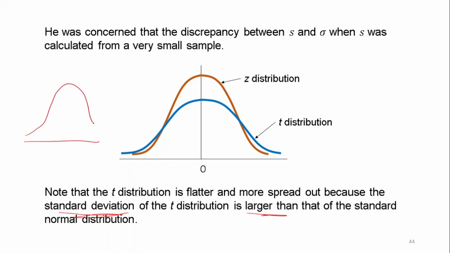The lower the distribution, the higher the standard deviation. So for the T distribution, the standard deviation is larger than the standard normal distribution. For example, our standard deviation for T is 10, and for Z it is 5.